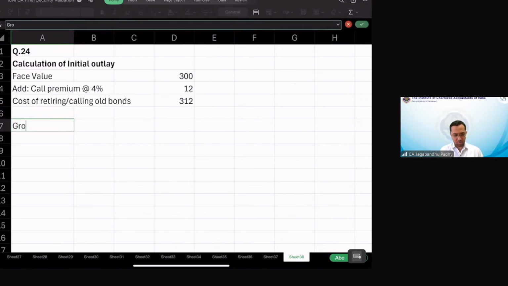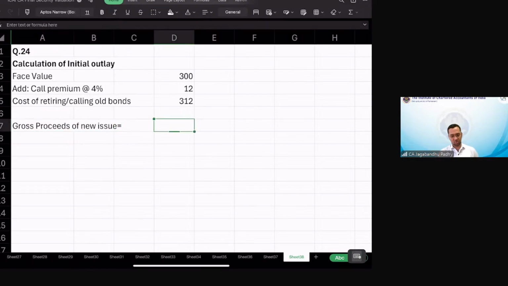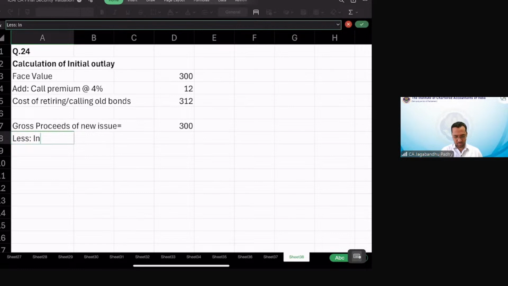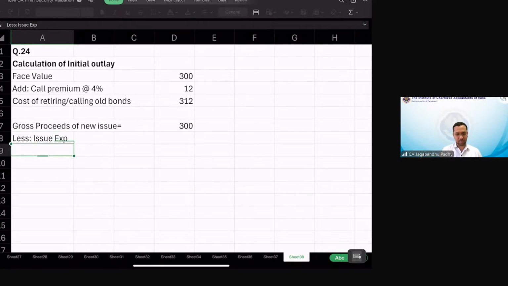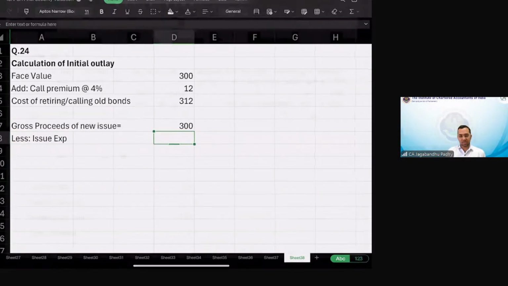How much am I going to receive? Gross proceeds of new issue. If I'm going to retire the old bonds, I'm going to issue new bonds. The new bonds that will be issued is 300, right? And then, of course, from this, we're going to subtract the issue expenses. How much is the issue expense?